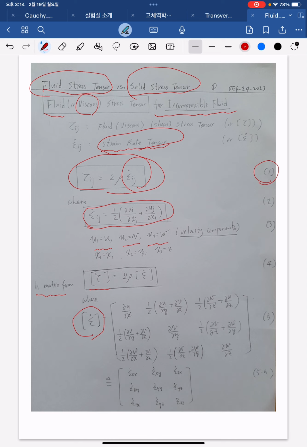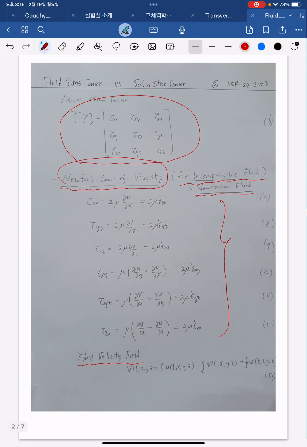The proportional constant is 2 mu. Mu is the viscosity. Especially, the strain rate tensor is defined by this equation. Here, u_i denotes the fluid velocity components.